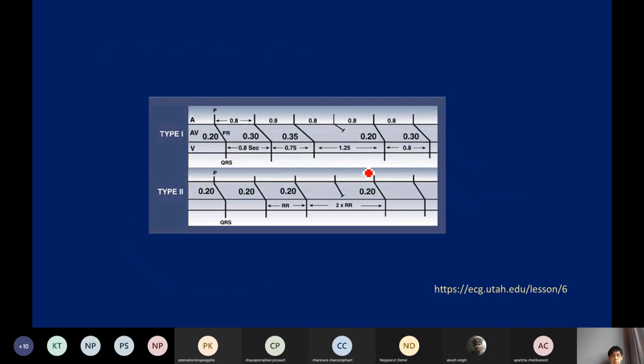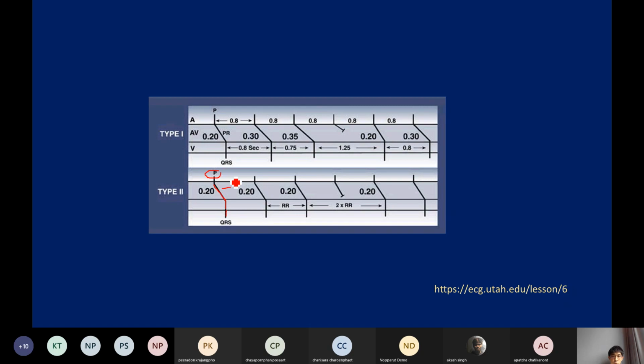This is the diagram comparing the type 1 and type 2 second degree AV block. I will talk about the type 2 first. You can see that this P wave generates from the SA node into the atrium. This one is the PR interval or the AV node conduction. This one is atrium conduction into the AV node conduction, and this is ventricular conduction.